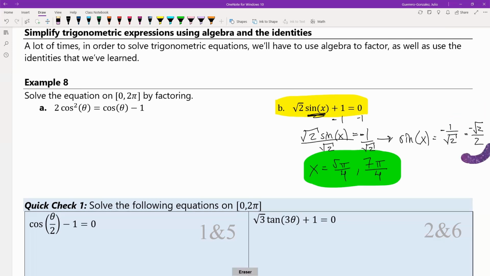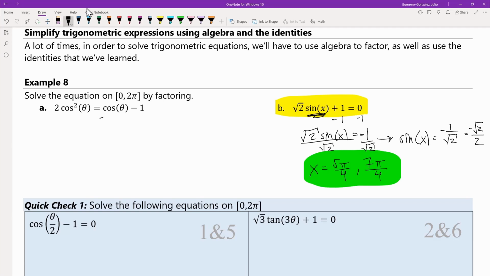Okay, let me increase the difficulty now. Let's say we had this. This is actually something that you've already played around with. This is the first time you'll see it used in this manner. So watch this.